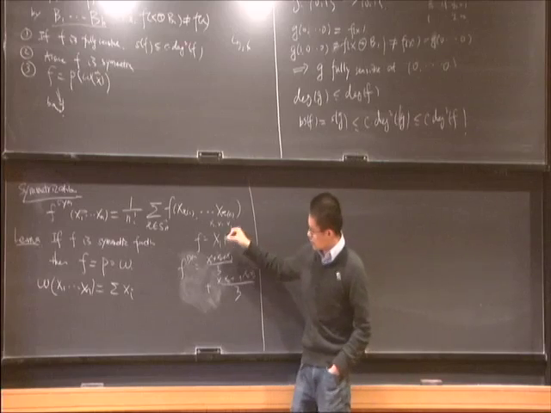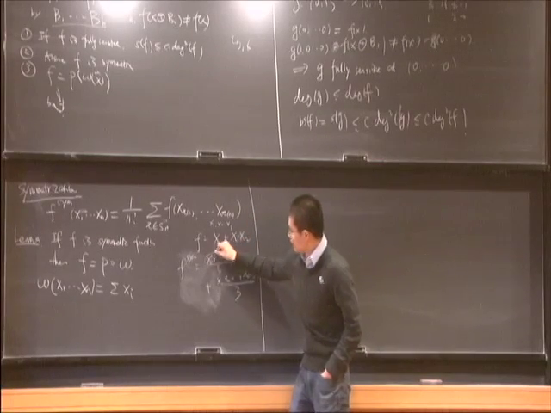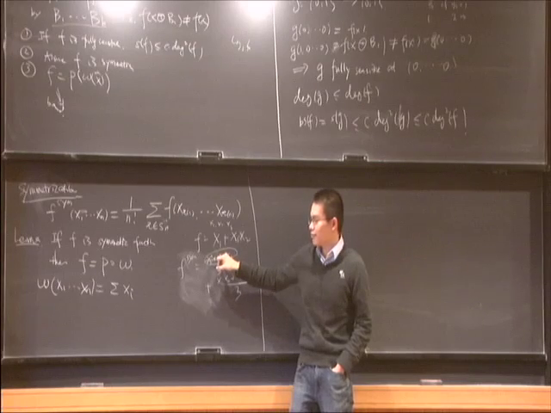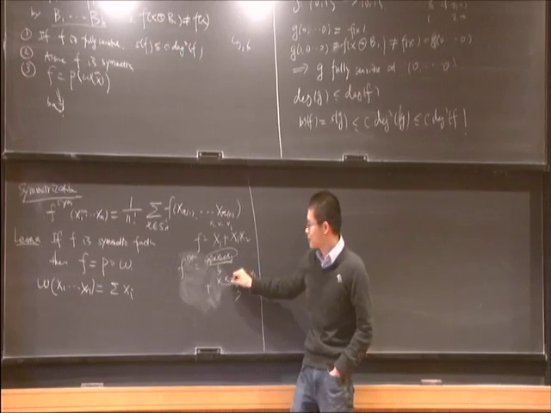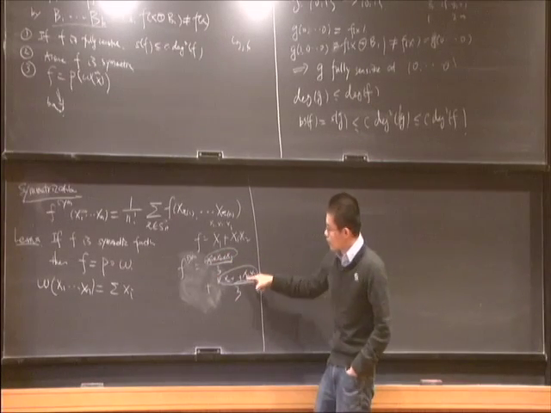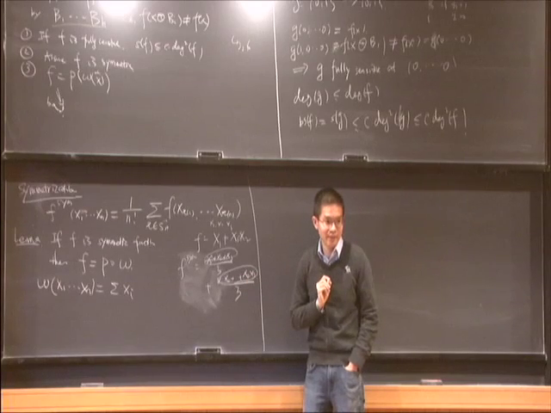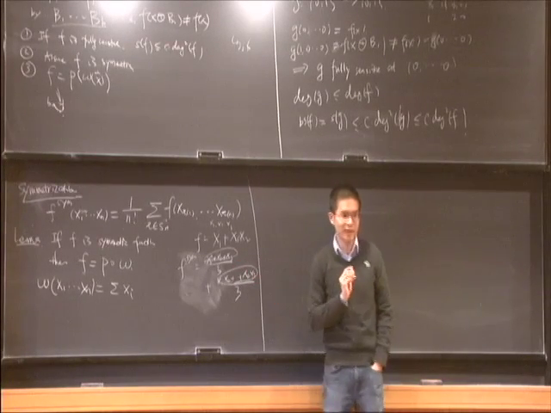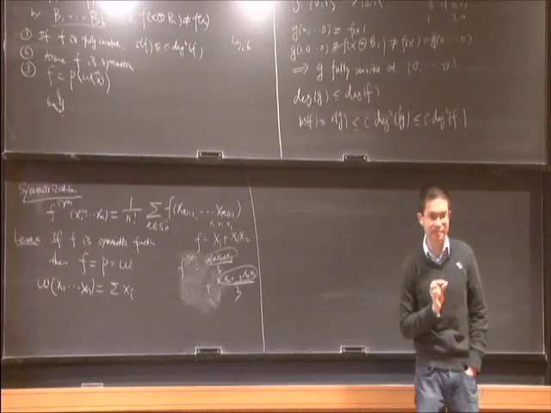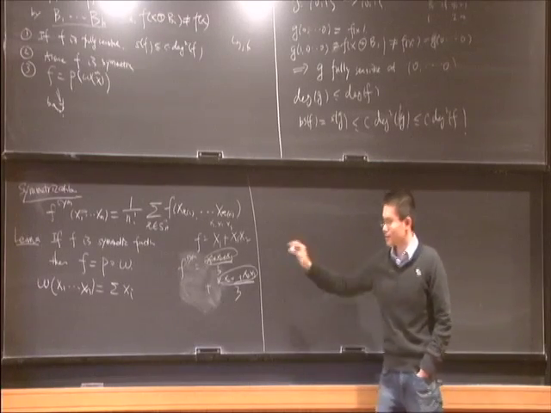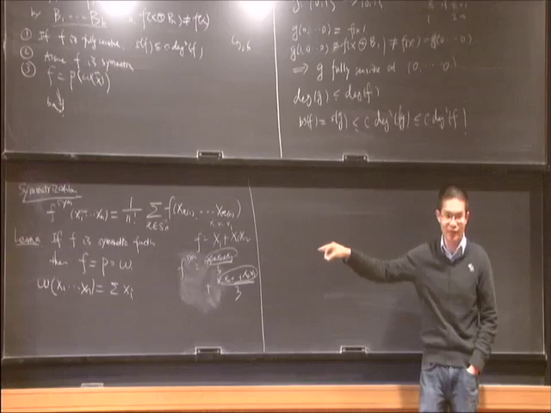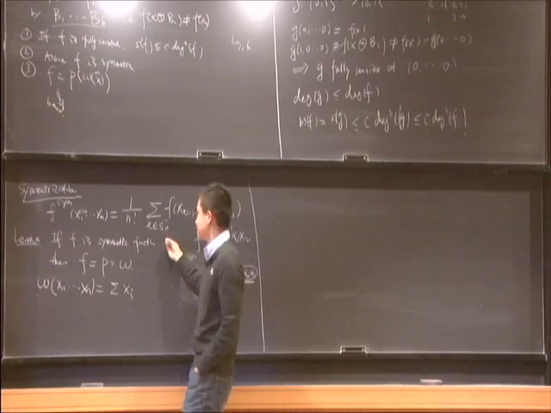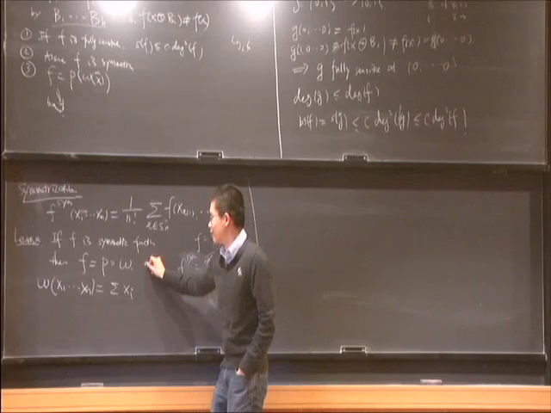Now you can see this is kind of like the Hamming weight. This only depends on how many ones you have and how many zeros you have. Now I restrict to the Boolean cube, but only for the last step. For the last step, yes, this is on the Boolean cube.